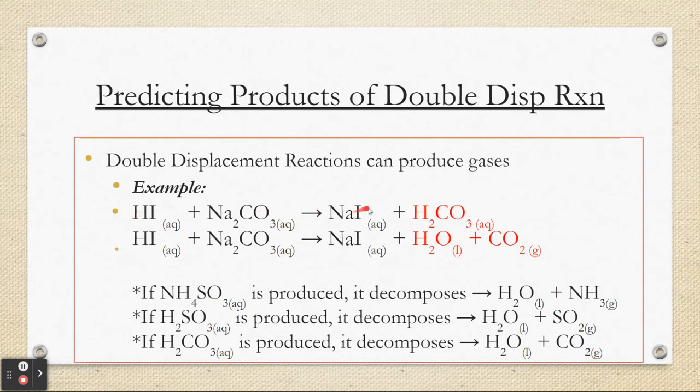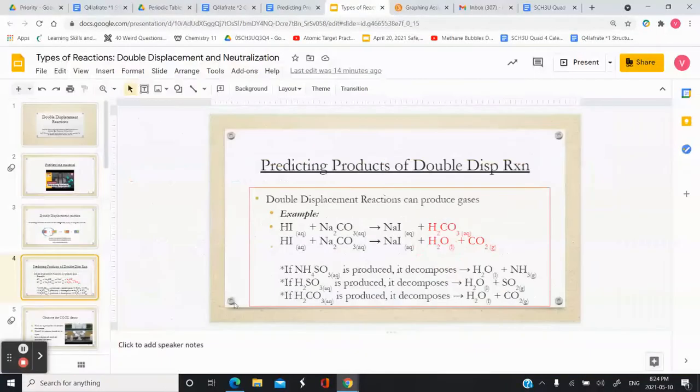First, the double displacement, and then if you see H2CO3 or one of these compounds here, then you know they're going to break down. So if you get the production of NH4SO3, that breaks down to H2SO3, that breaks down to H2O and SO2. If you get NH4, here I meant to put NO3. Let's go fix that before we forget.